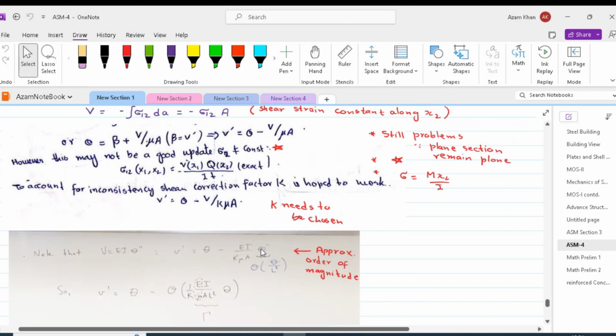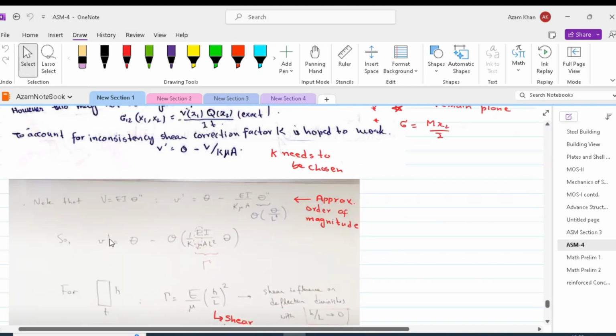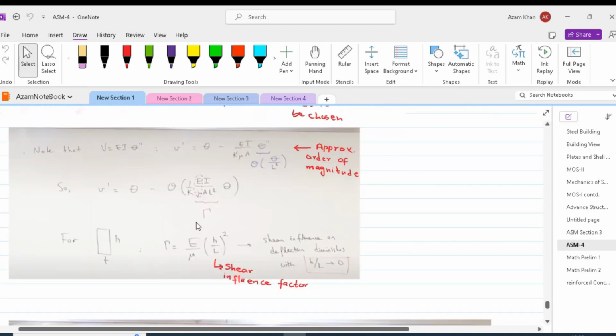So theta double prime can be approximately equal to theta by L square, L being the length of the beam, and v prime would come out to be theta minus small bracket 1 by k, EI by mu A L square. This factor E by mu, I by AL square, can be called gamma.